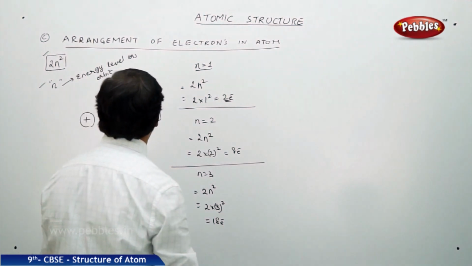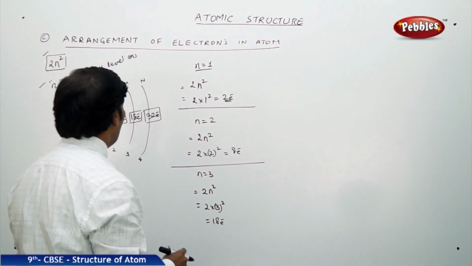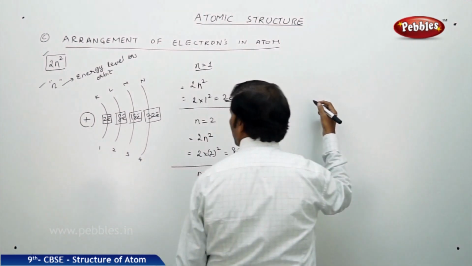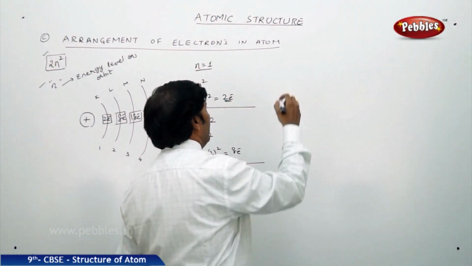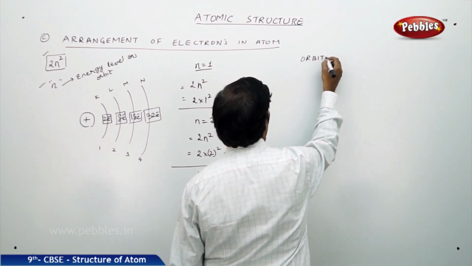Because the topic is the arrangement of electrons in an atom, suppose I am going to take the orbital concept method, that is the box method.